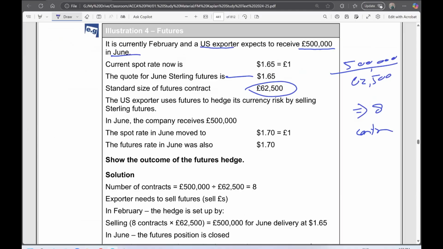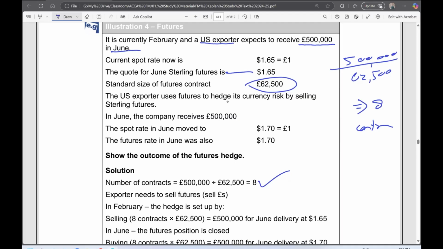So first of all, we will go with 8 contracts, and we will hedge this amount and fix our rate at 1.65.